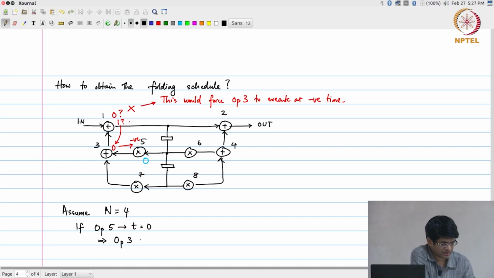Operation 3 has to wait till 5 completes, and 5 is a multiplication. The latency of multiplication is 2 clock cycles. That's the earliest time that operation 3 can execute. I should put greater than or equal to, but I am just going to put equal to over here.